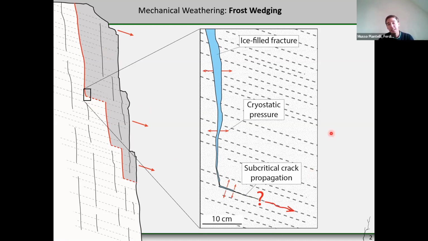So in this study, we decided to investigate and understand how this process works and exploits our rock weaknesses in this kind of setting, at the tip of these fractures, and to try to propagate and simulate how that works.